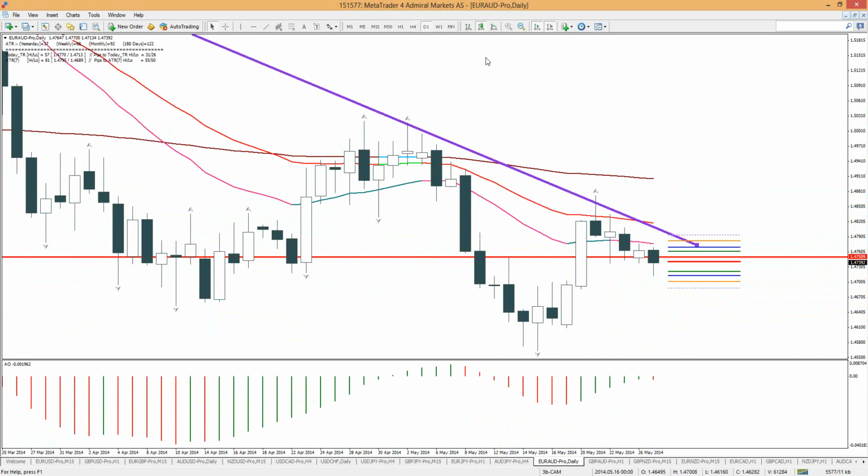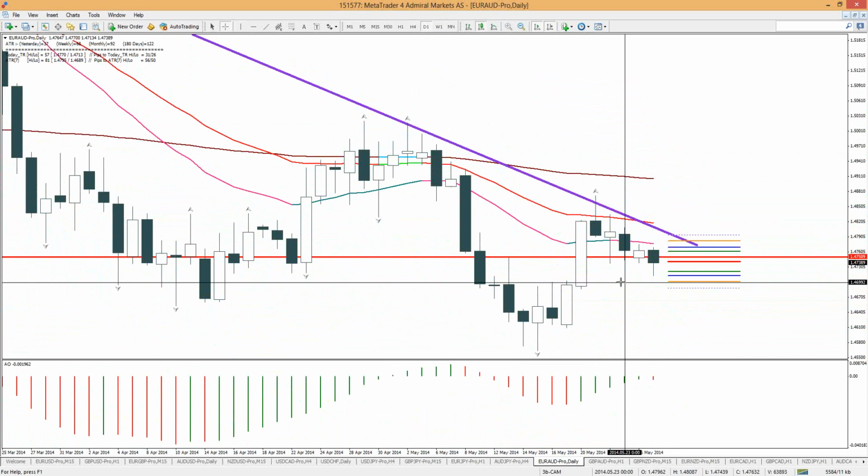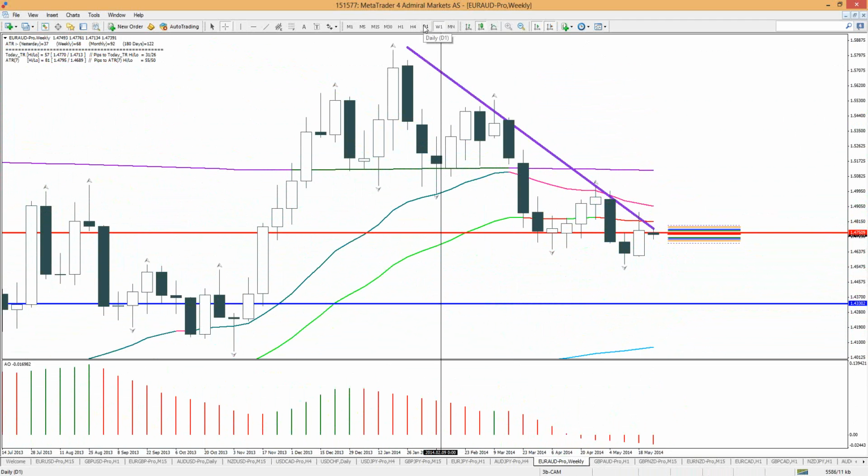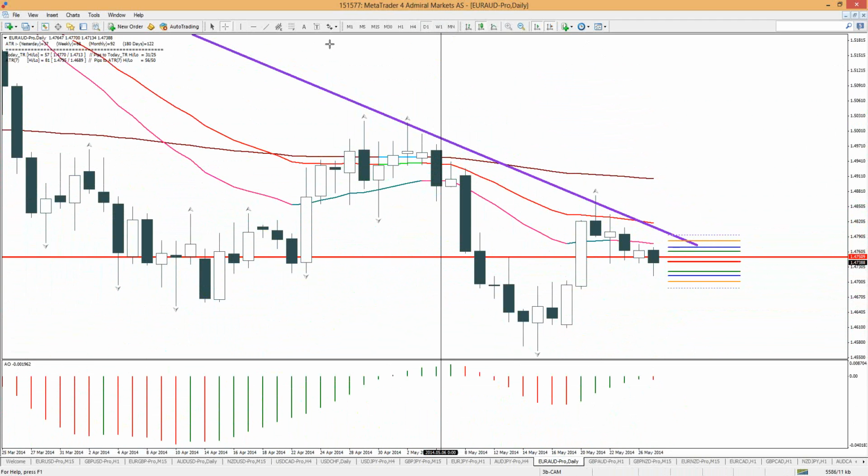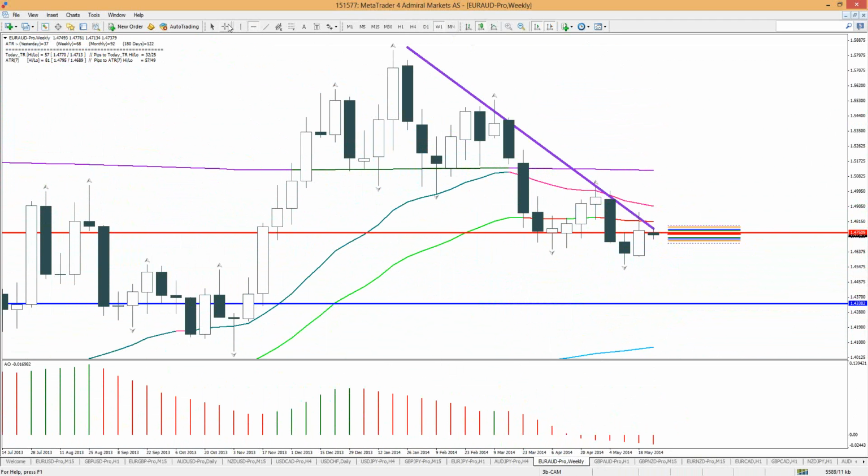One thing to keep an eye on is a trend line that connects the tops. A break of that could be a breakout trade for some of you that like big trend lines like that. Otherwise, let's put a trend line here where we have the weekly low.